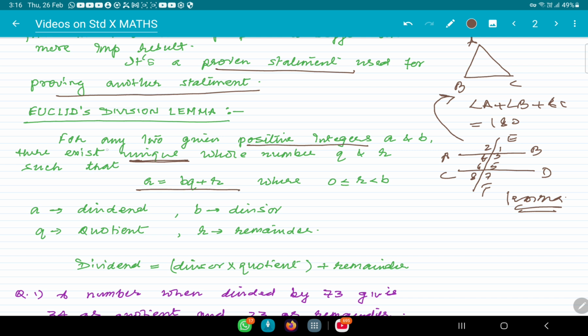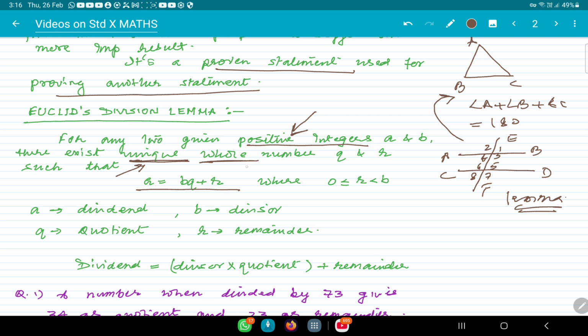Again, for any two given numbers, you have to remember positive integers as well as unique. Whenever you write Euclid's division lemma, include in your statement positive integers as well as unique whole numbers.